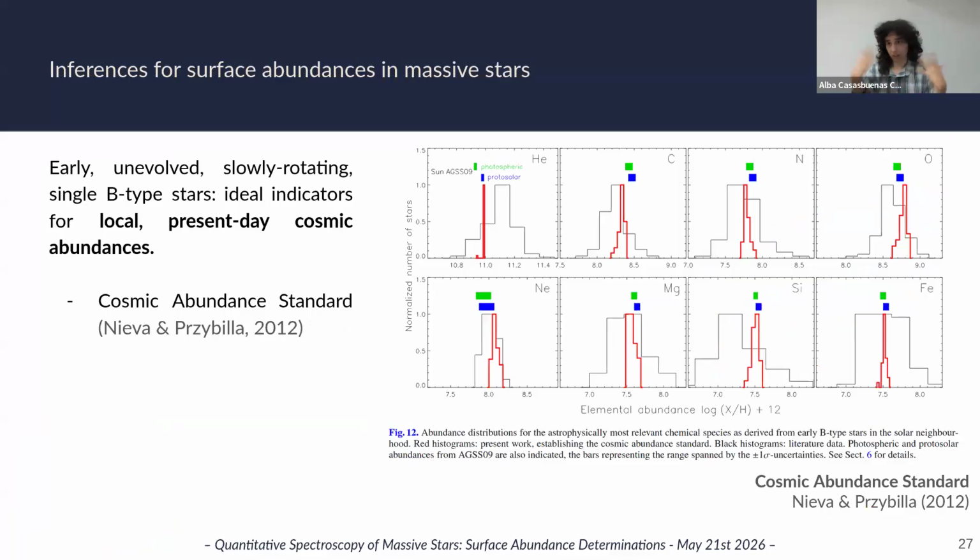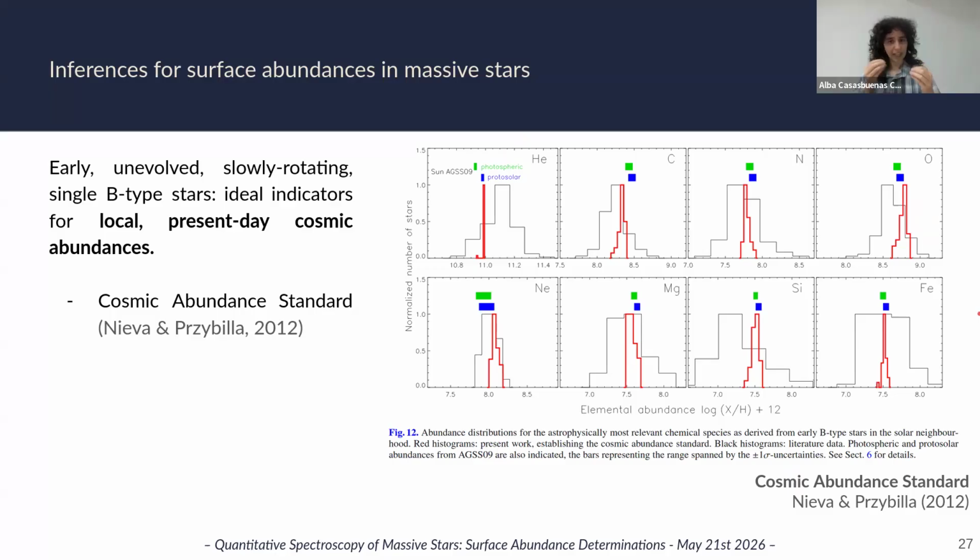Something else that we can infer with abundances is, in particular, when we're studying early, unevolved, slowly rotating, and single B-type stars: these stars are ideal indicators for local present-day cosmic abundances. Here I'm including this figure from the cosmic abundance standard that was determined by Nieva and Przybilla in 2012, in which they found the local present-day abundances of a sample of B-type stars for all of these elements.